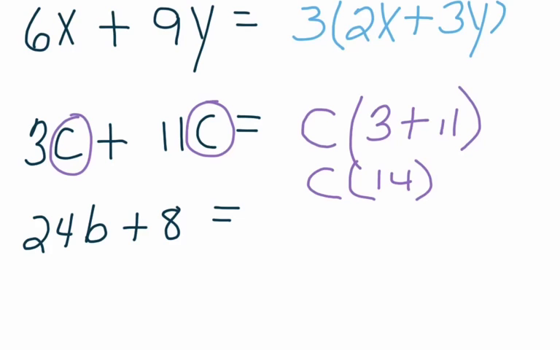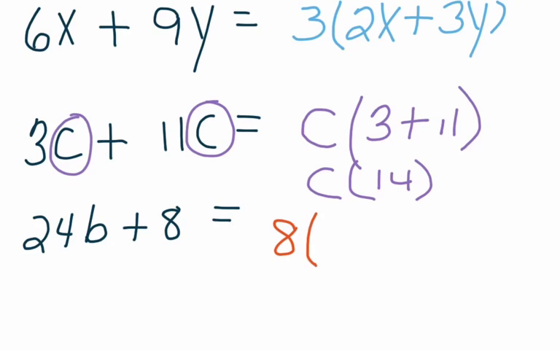The last one that I have, the last example, is 24b plus 8. So what is the greatest common factor between 24 and 8? It is going to be 8. So we're going to pull the 8 out.